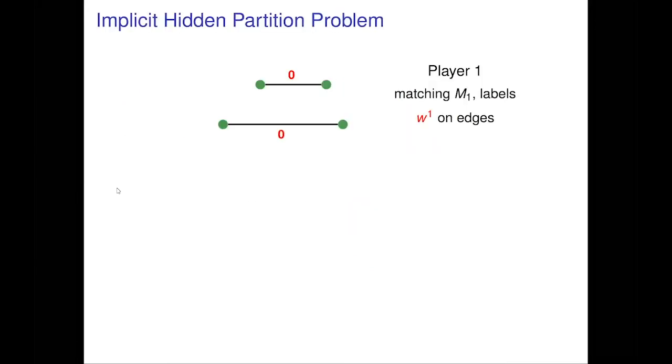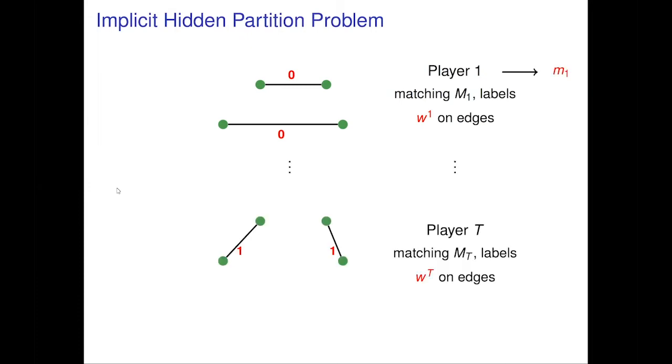Before I talk about max cut, it will be useful to define a somewhat different communication problem. It looks like the Boolean hidden matching problem, except there is no Alice and there are many Bobs. We call it the implicit hidden partition problem. This was introduced in joint work with Sanjeev Khanna, Madhusudan, and Ameya Velingker. It's a T-player communication problem.